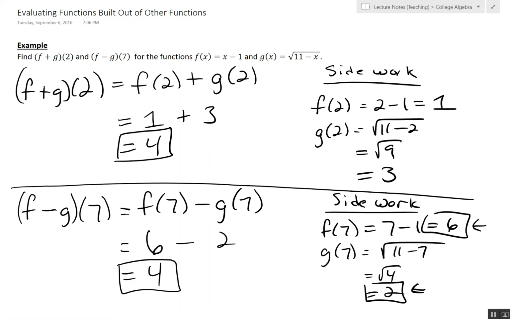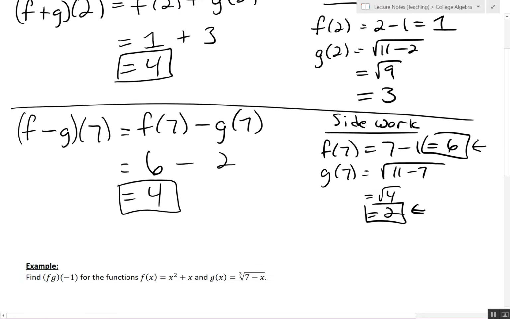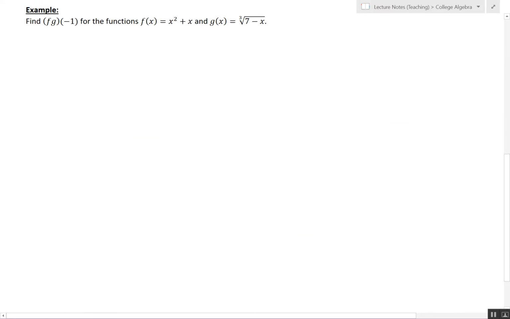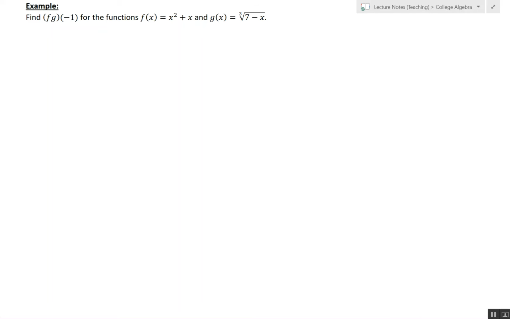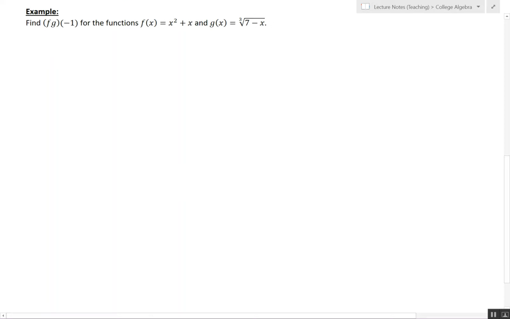And multiplication and division aren't that much different. So let's look at an example of multiplication. So now we want to find f times g of negative 1, for f of x equals x squared plus x, and g of x equals the cube root of x minus 7. So first of all, recall from the last video that fg of x is going to be equal to f of x times g of x.